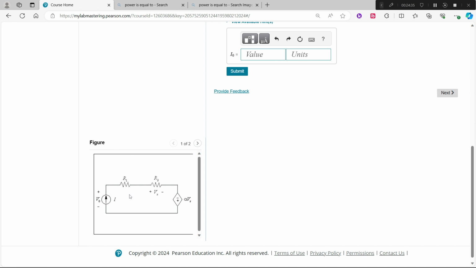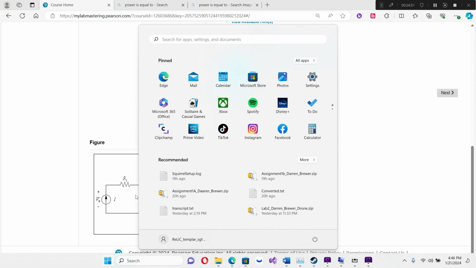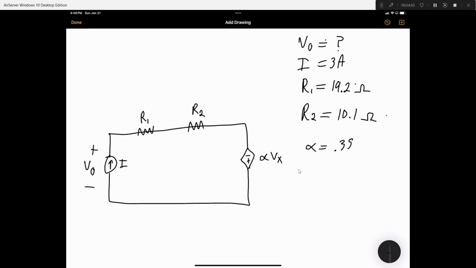Okay, I'm just drawing the circuit real quick. Let's go back here. So we have a voltage source here, and we have V naught here. Okay.